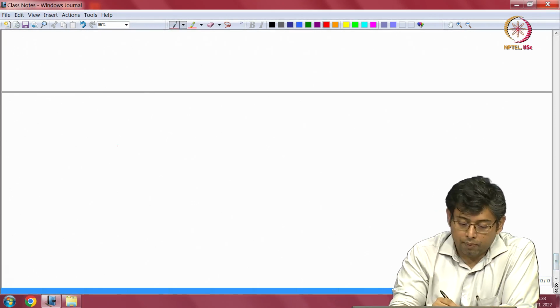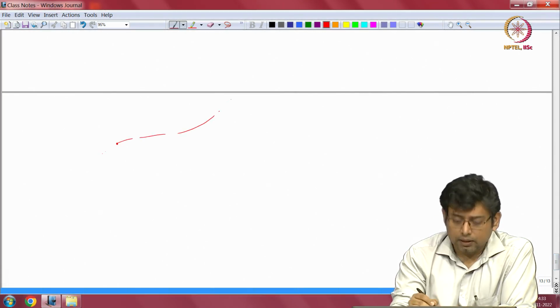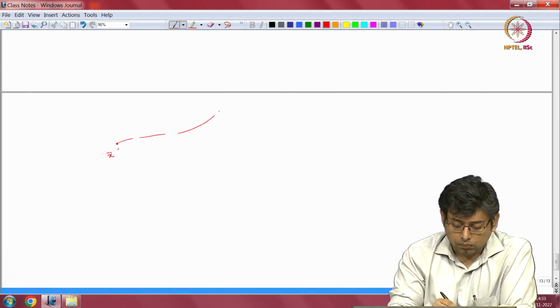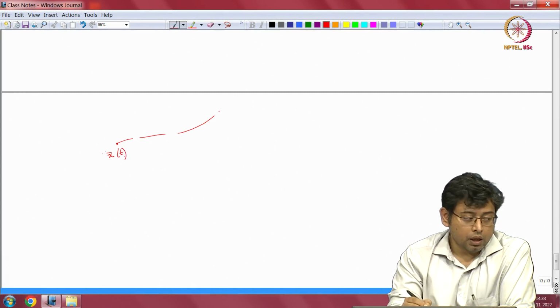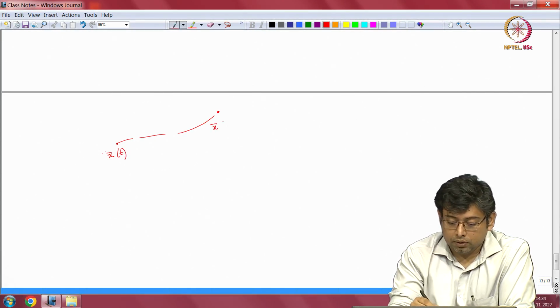So, let us say you have a point mass, and this point mass is now moving, and this is the locus it is going to track out. So, this was its position at some time t, and now at some other time, let us say t dash, it has a new position.